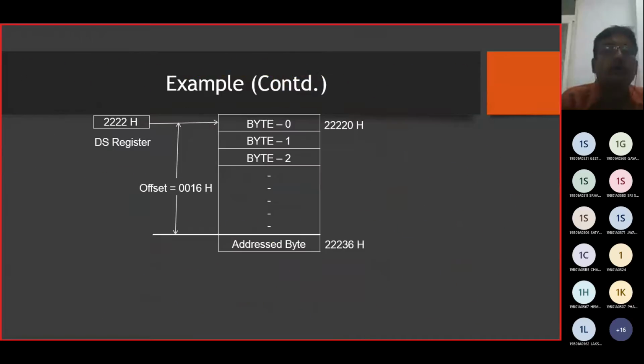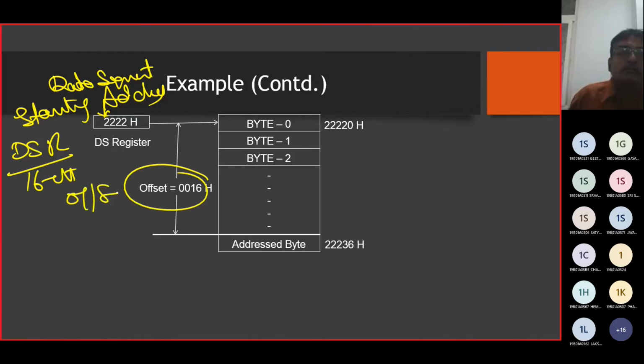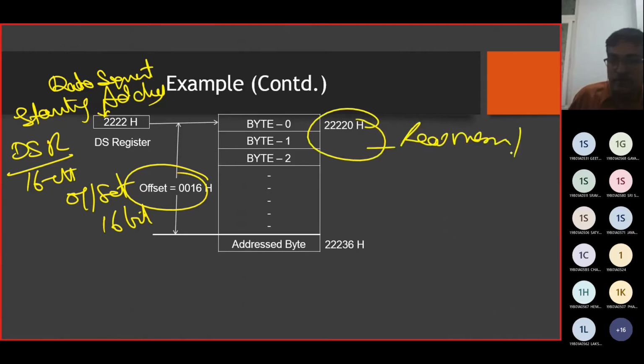In this way, we are going to add up the memory part. What we have done: we have taken the starting address of the data segment, which we call DSR, which is 16-bit. Then we added an offset which is 16-bit. So we get the real memory address, or the main memory address.